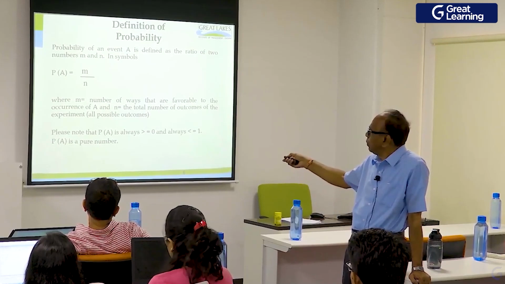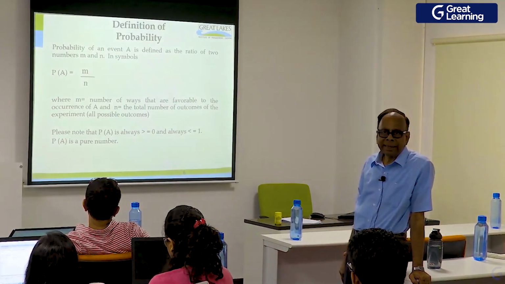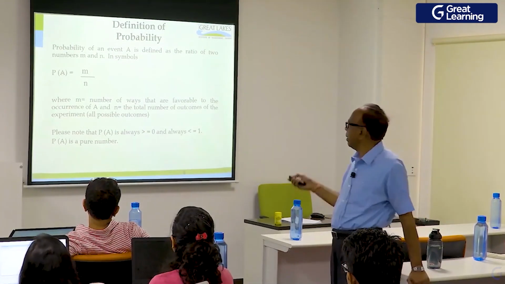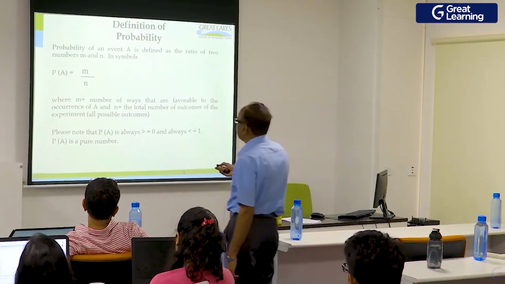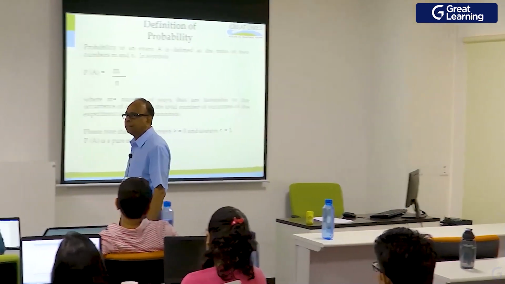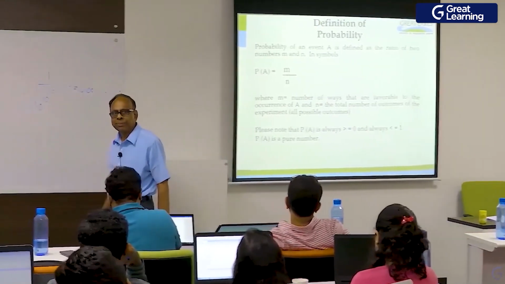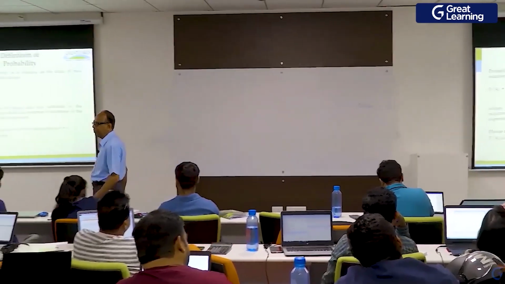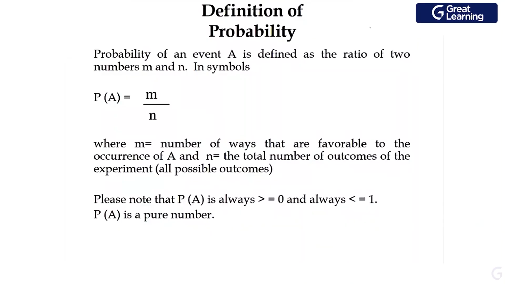A ratio between 2 numbers, m and n. M divided by n. M is the favorable cases to the occurrence of A. N is the total possible outcomes. So the ratio m upon n is the probability. That which is favorable to the occurrence of A, to the total number of possible outcomes.